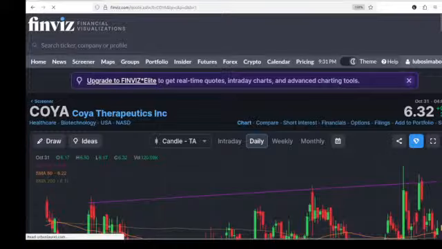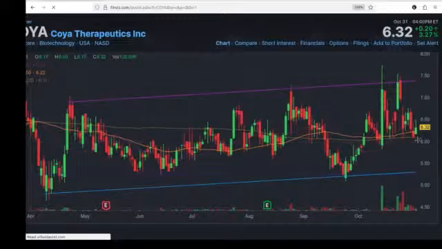So you notice an increase in volume right there. This is a biotech company. So you notice an increase in volume, right? And that's what you want.